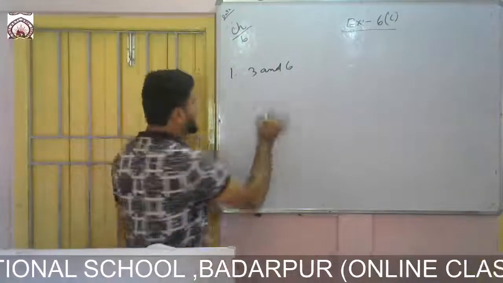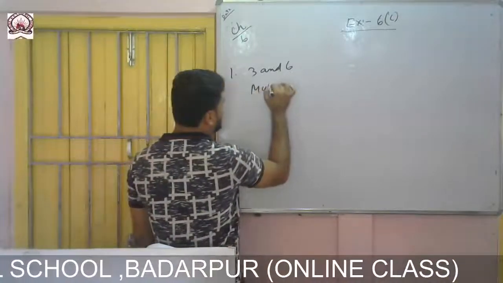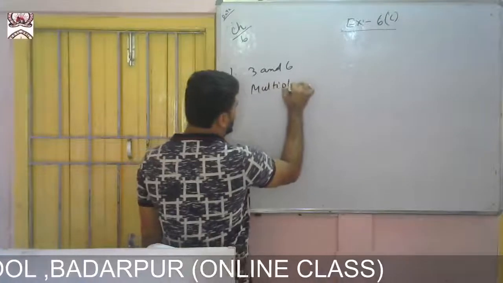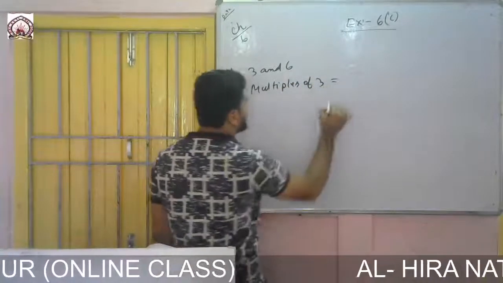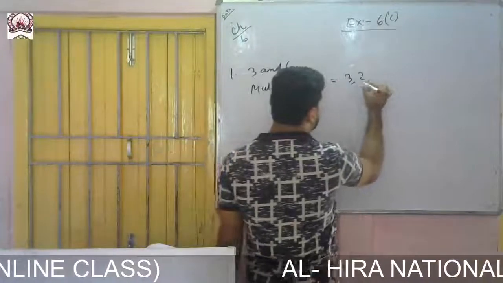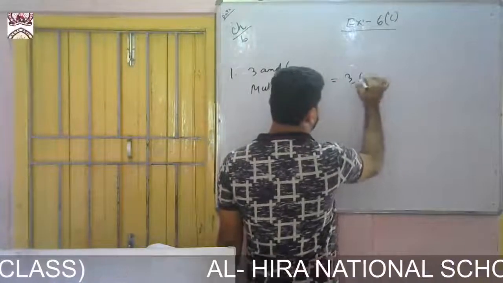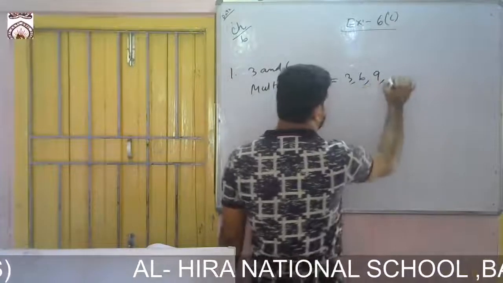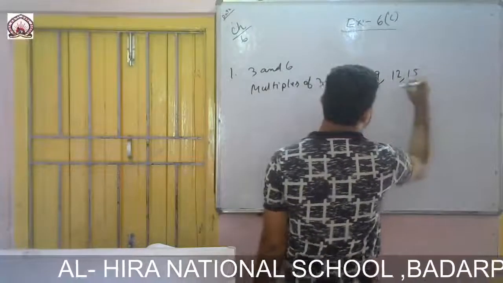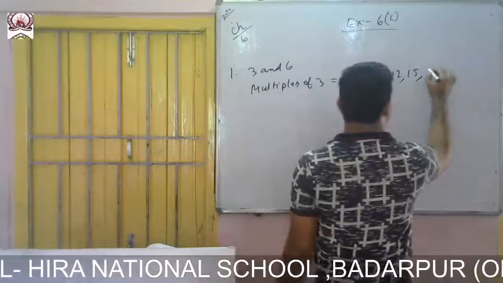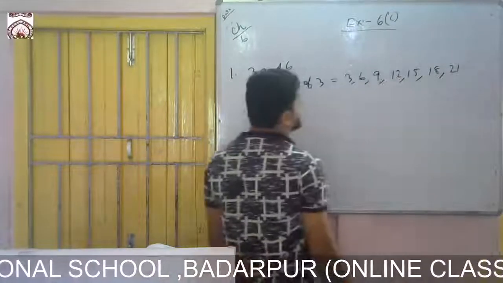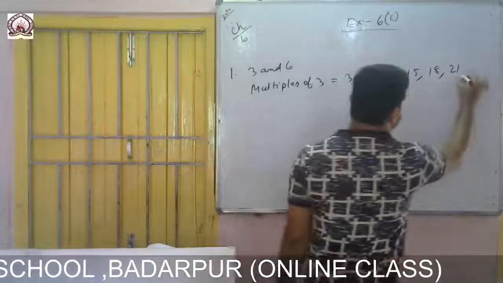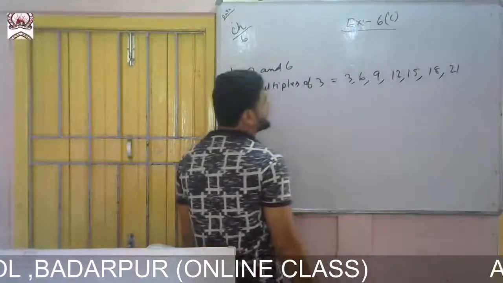So write multiples of 3: 3 1 are 3, 3 2 are 6, 3 3 are 9, 3 4 are 12, 3 5 are 15, 3 6 are 18, 3 7 are 21.